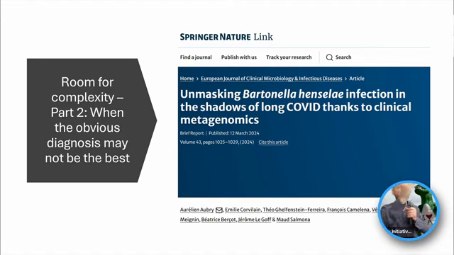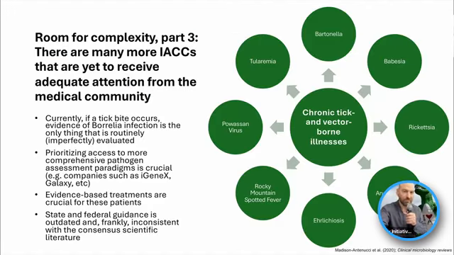But these are things that we're seeing more and more, and we're actually doing a lot of research now into co-infections and the role of co-infections in disease burden in folks with long COVID and other infection-associated chronic conditions. Okay, I'm making lots of room for complexity, as you might know, because there's a lot of complexes in the name.